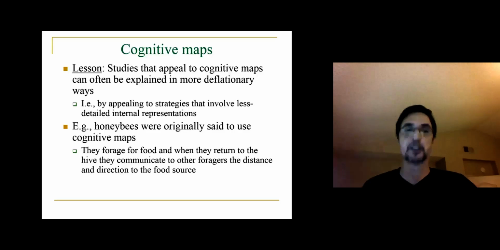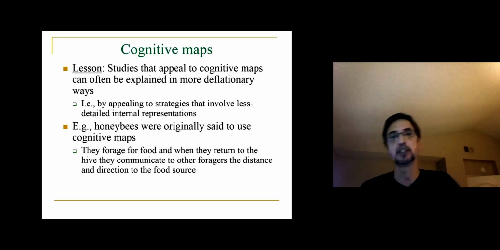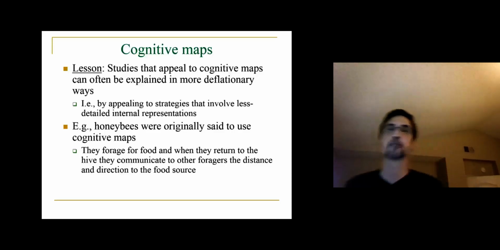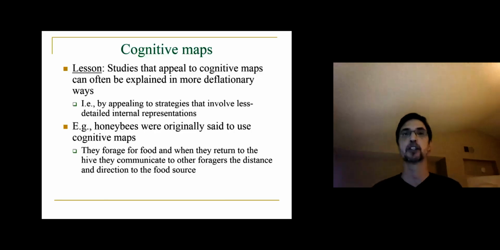Okay. And one of the more interesting applications of this concept of a cognitive map has been the case of honeybees. Honeybees were originally said to use cognitive maps. As we know, honeybees forage for food. They leave their hive and they go exploring for food, different flowers, and in some cases water when it's needed.